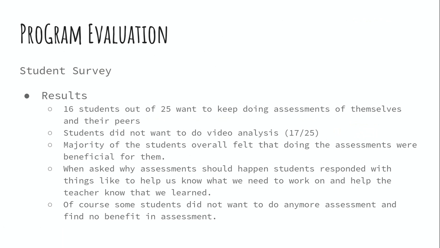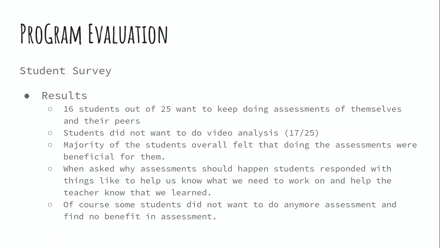Something that I thought was interesting, and maybe because we didn't get a chance to do it and I didn't get to really explain to students what it really entails, but 17 out of the 25 students that did the survey said that they did not want to do video analysis, which I think if they at least tried it, maybe if you had that volunteer, then other students may actually change their minds on that.